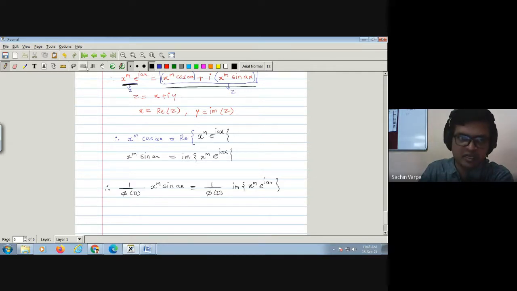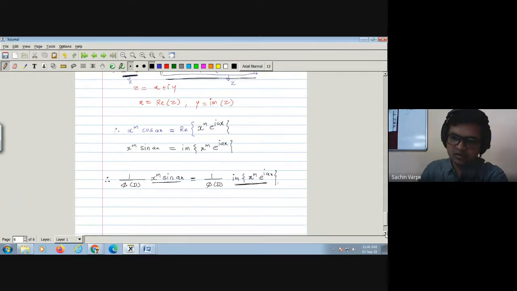Note the change. Is everyone understanding what I did? What I'm doing is just replacing x raised to m sin ax by its imaginary part, that is nothing but the imaginary part of this complex number.